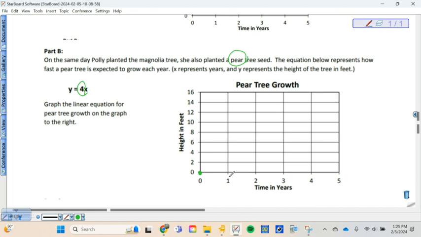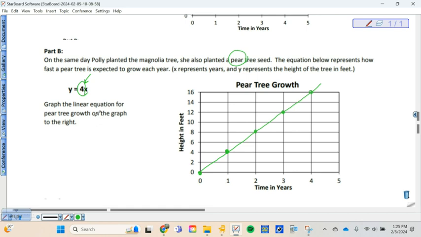So after 1 year, how tall is the pear tree? 4 feet tall. After 2 years, how tall is it? 3 years? 4 years? Good. I've got this line. So again, what does this 4 represent?